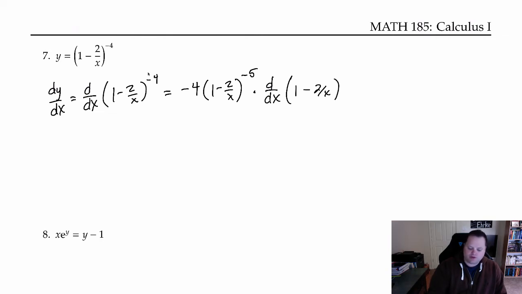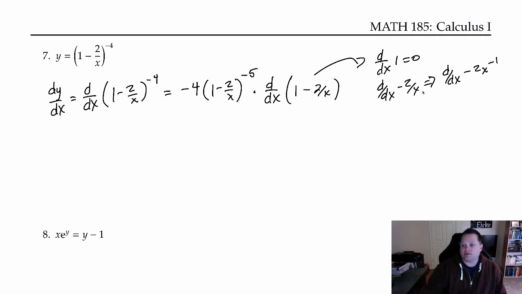Okay, so if I come over here to the side, the derivative of 1 is 0. The derivative of negative 2 over x is negative 2. You've got to be careful here. This is the same thing, just to make sure you're aware, as the derivative of negative 2x to the negative 1, right? Because you're dividing by x.